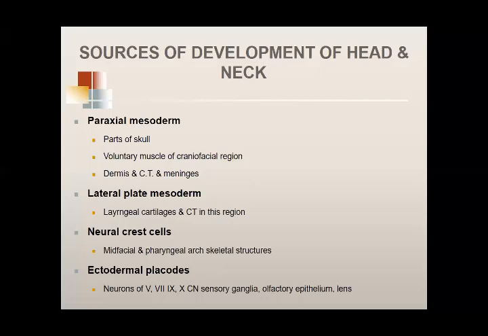So: parts of the skull, a few voluntary muscles of the head, dermis and connective tissue, plus the meninges. We'll do the dura a little later. Then comes lateral plate mesoderm.